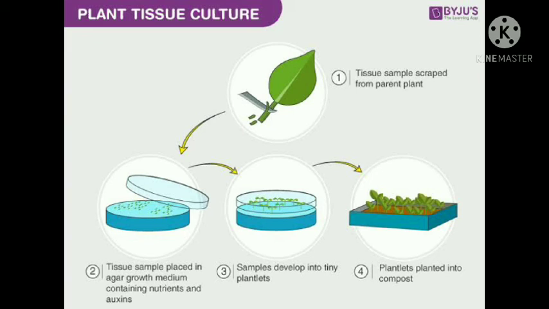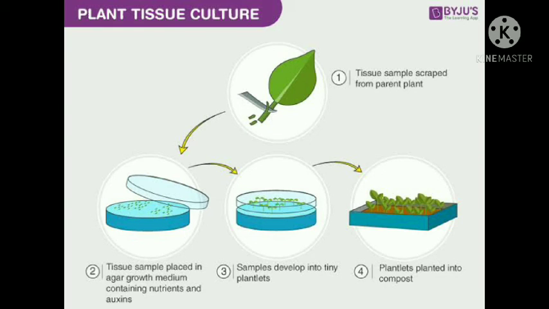Now this callus will be transferred to another fresh nutrient medium, and in the fresh nutrient medium there is the presence of plant hormones, growth regulators, that will promote the growth of root and shoot.